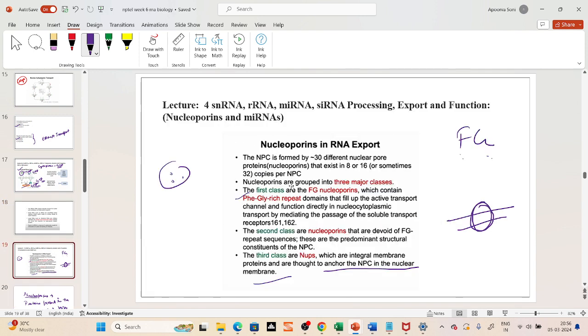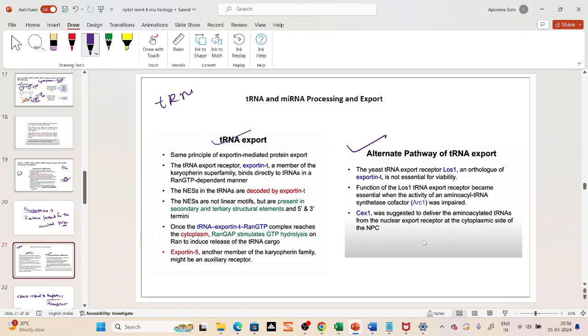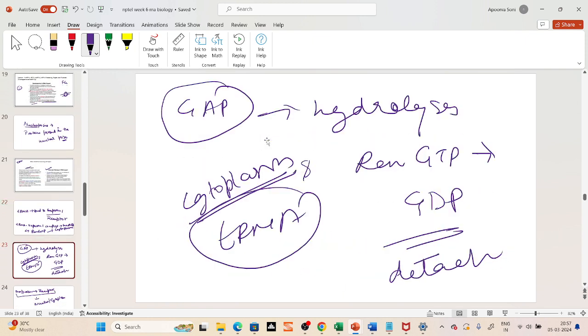What are nucleoporins? What are the different classes of nucleoporins? Nucleoporins are the proteins which are present in the nuclear pore complexes. Then, just like the basic mechanism of transport, different kinds of transport happen for different kinds of RNAs. For tRNA, you have exportin 1, and then there is another receptor which is LOS1. Again, it requires RAN GTP activity for the export of tRNA.